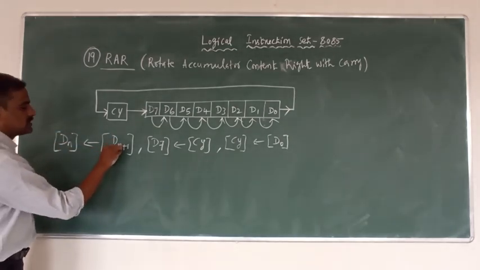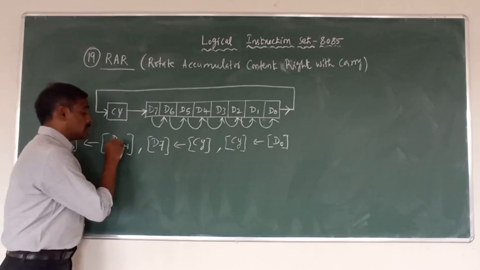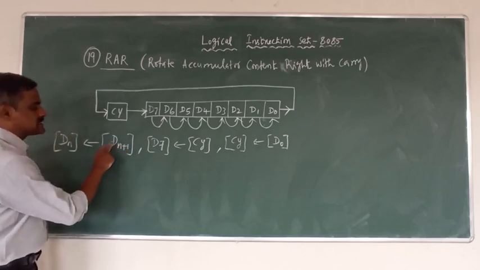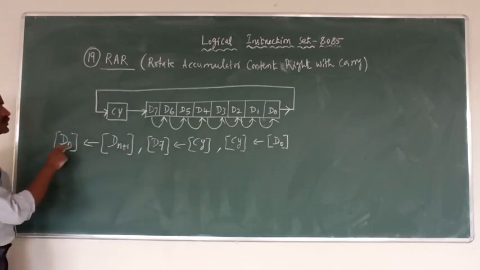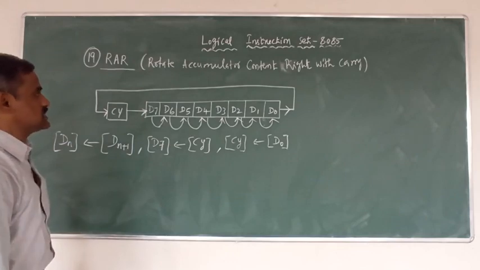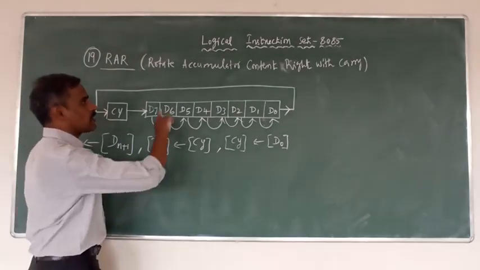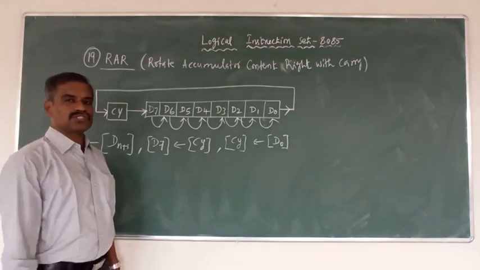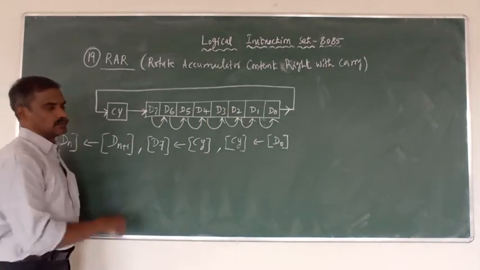N means number. Suppose 5th position, 5 plus 1 is 6, D6 data moves to D5. Okay, this is the operation of RAR, rotate accumulator content right. It will move by a single bit position with carry also.